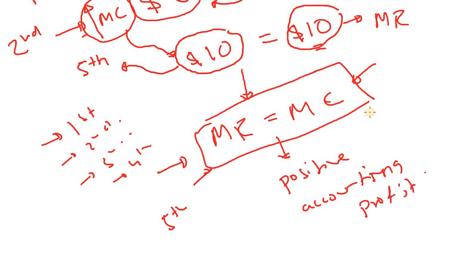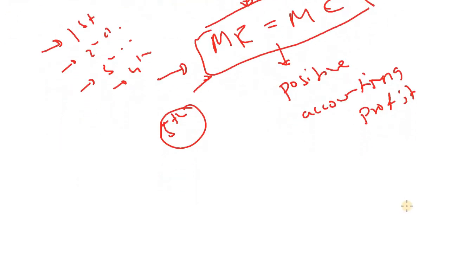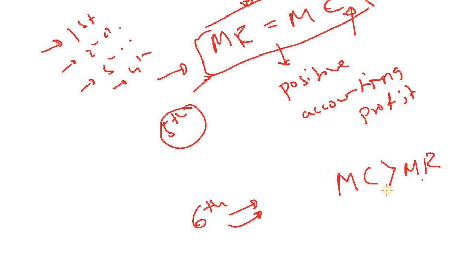That is why the business will produce this fifth burger, but not after this. If the business produces the sixth burger, which they never will, the marginal cost is going up, so the marginal cost will become greater than the marginal revenue, right?